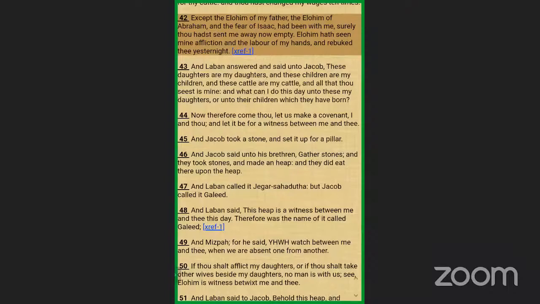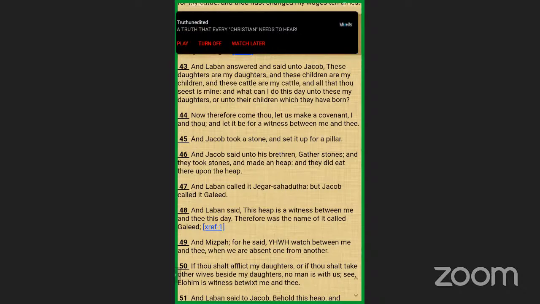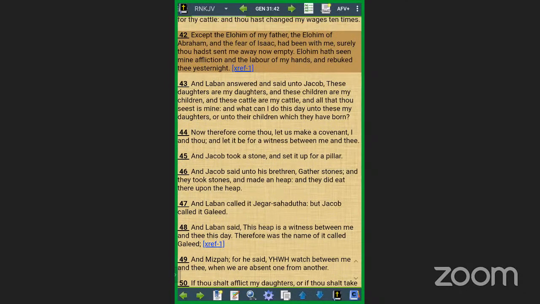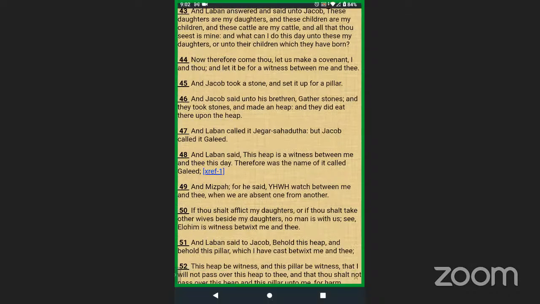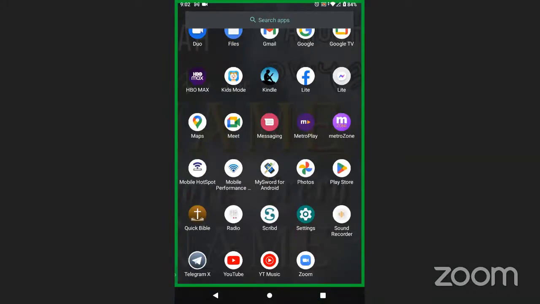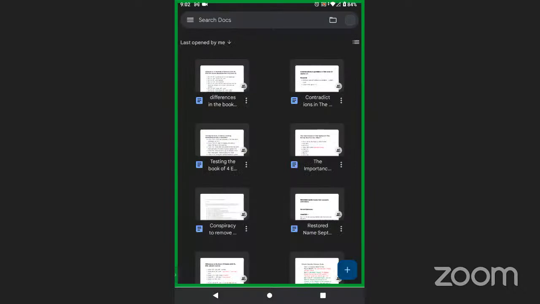They kind of redundantly add Elohim a second time in that first sentence where it doesn't make sense. He's already talking about the Elohim of his father, so he doesn't need to say the Elohim of Abraham right after. That's being redundant in the Masoretic text. I just wanted to show that real quick.